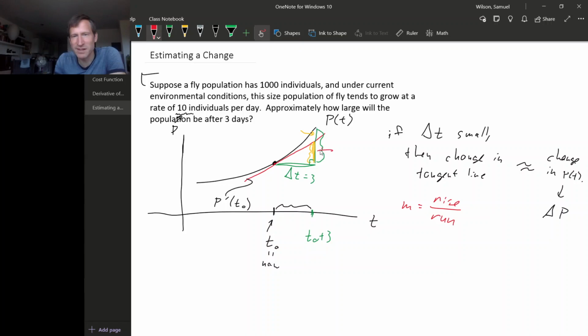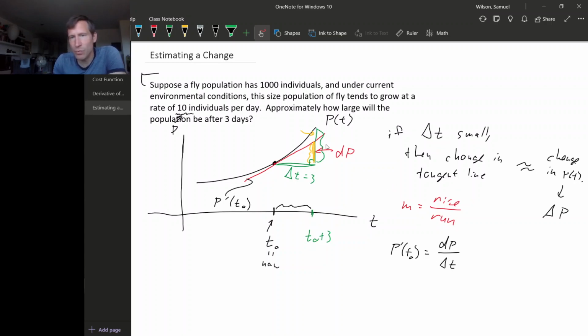And we're trying to find this rise. So it's not clear what to call this. What we're actually going to call this is dp. So this slope is p prime. This rise is dp. And the run is delta t, which is 3. We'll plug that in later.